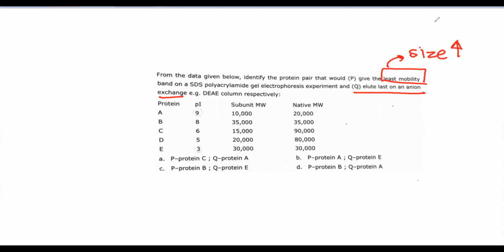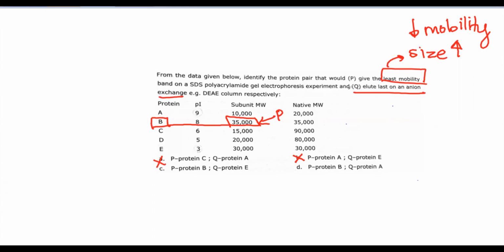So it will be less mobile. So more size, less mobility. Now let us see among these options which has the highest size. Definitely the 35,000 is the highest size. So we know that our P has to be 35 because all the others are smaller in size. So that is protein B. Now in my options, protein B is only in option C and option D. Therefore, A and B are incorrect.